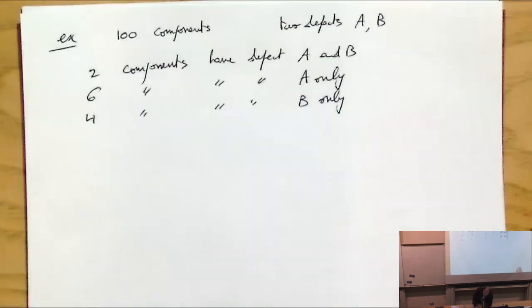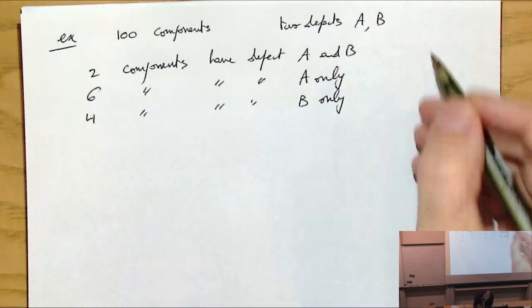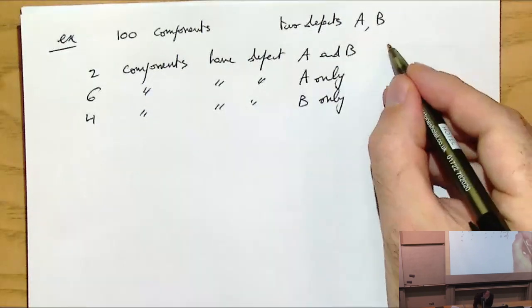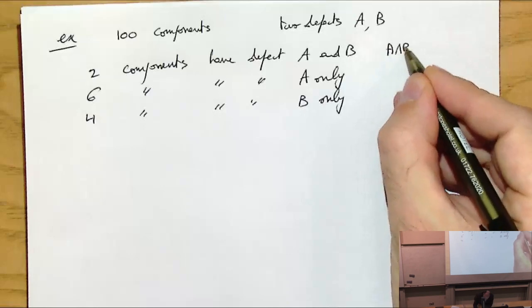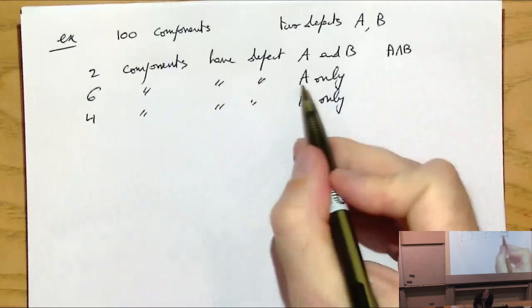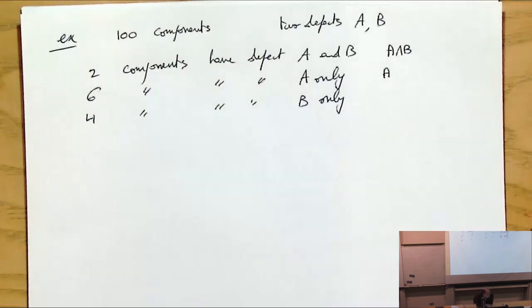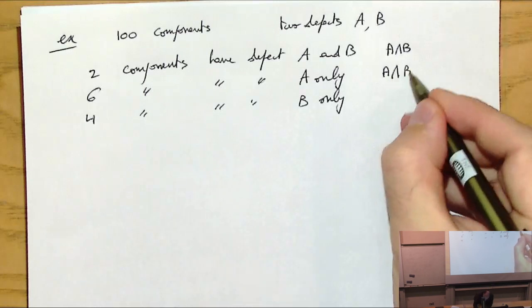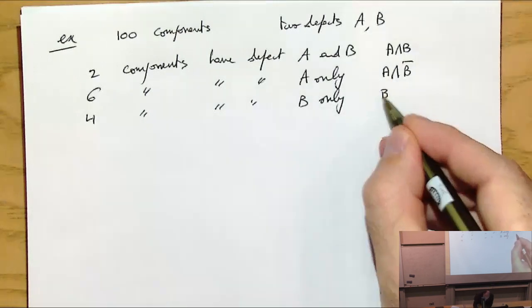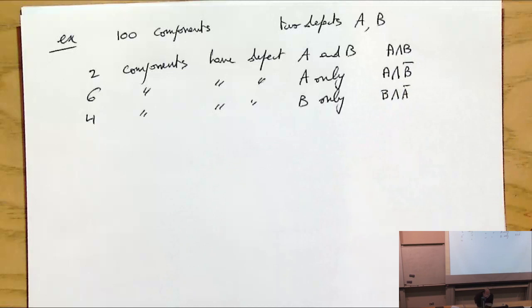So what does that mean? That means that here I have, in terms of sets, how can I write this? This is A intersection B, right? If I have A only, this is A intersection not B. And B only is B intersection not A, right? So this is how I can represent this mathematically.